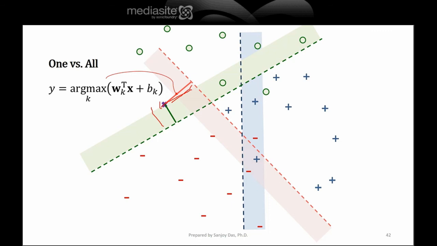So we take the argmax over k, which hyperplane it's furthest away from, and that k gives you the class y. So this point, the purple X, is furthest away from the red hyperplane, and so it's classified as a red point, red minus.